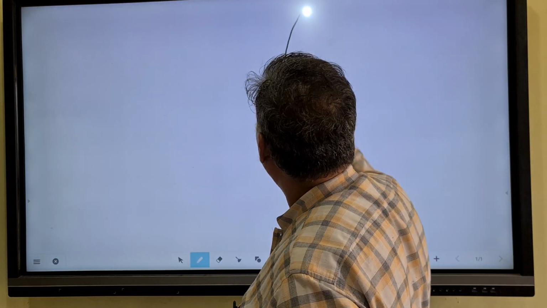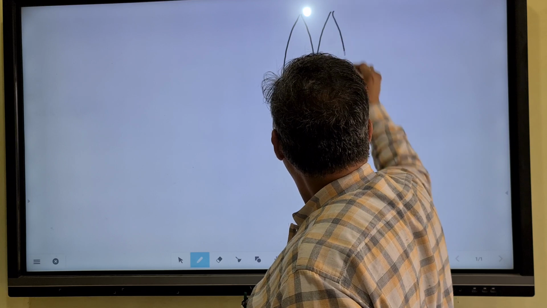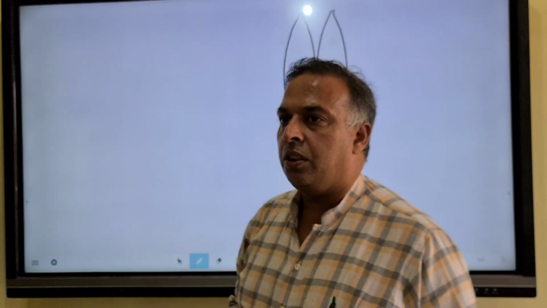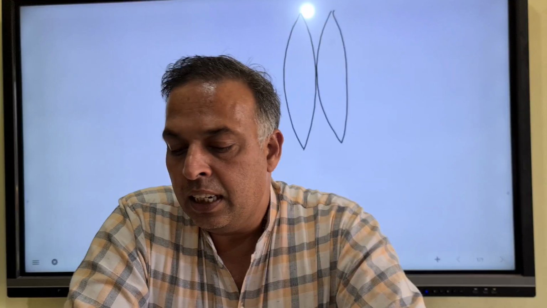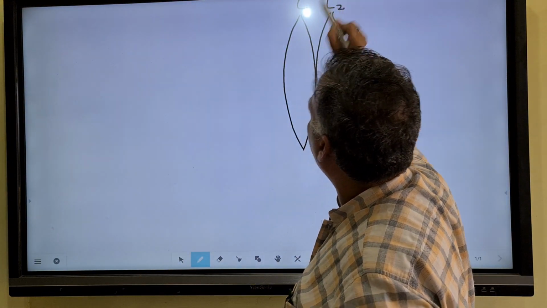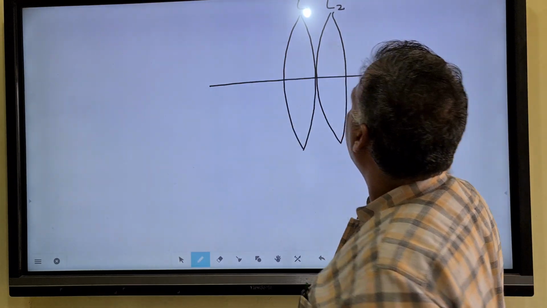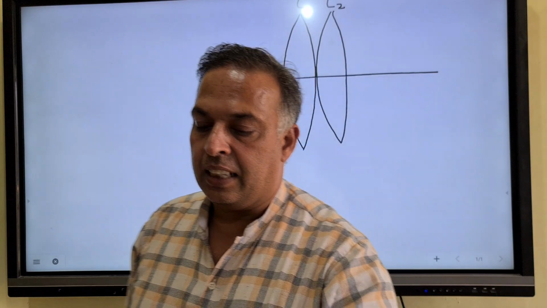Now the equivalent focal length of two lenses in contact. For example, this is one lens and this is a second lens. We contact two lenses. We are taking the combination of two lenses. One is lens L1 and another is lens L2. They are on the same principal axis. What should be the power in this case?